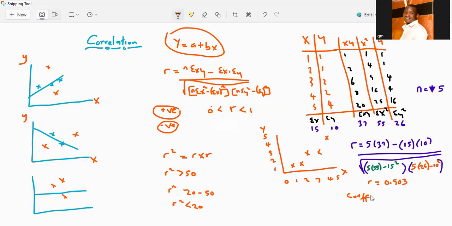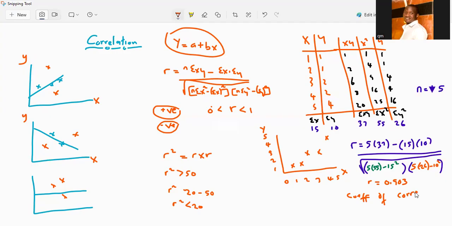If it's a Casio, mode 2 1, then you start entering them. 1, 1, M+. I'll take you through the calculator way on its own, but I'll send you a video just on entering these alone. So this is called the coefficient of correlation.